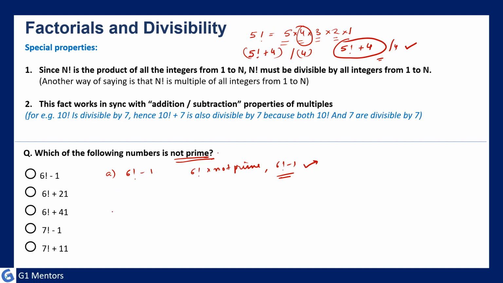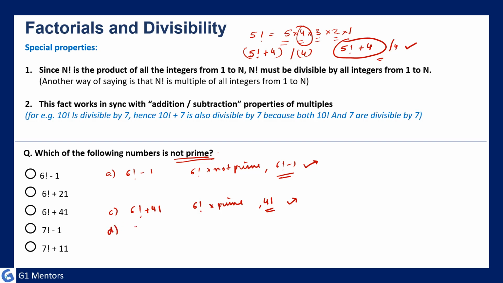Correct? So now let's see option C as well. It says 6 factorial plus 41. So 6 factorial definitely is not a prime. And 41 is a prime number and does not have any common factor with 6 factorial, so 6 factorial plus 41 may be a prime number, may not be. We don't know.